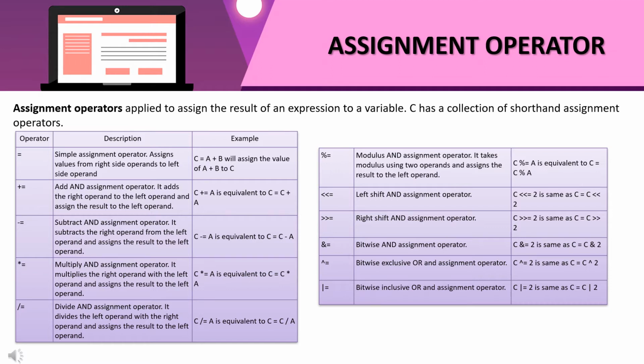It gives us C bitwise exclusive OR equal to Z, which is the same as C equal to C bitwise exclusive OR Z. Next comes the bitwise inclusive OR and assignment operator. C bitwise inclusive OR equal to Z is the same as C equal to C bitwise inclusive OR with Z.